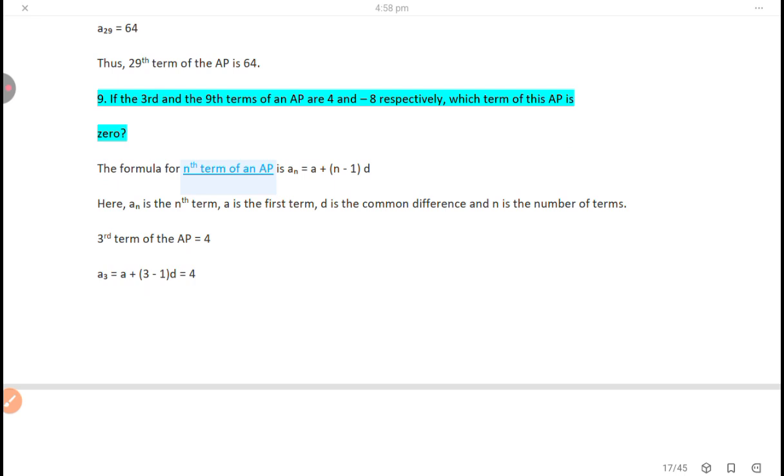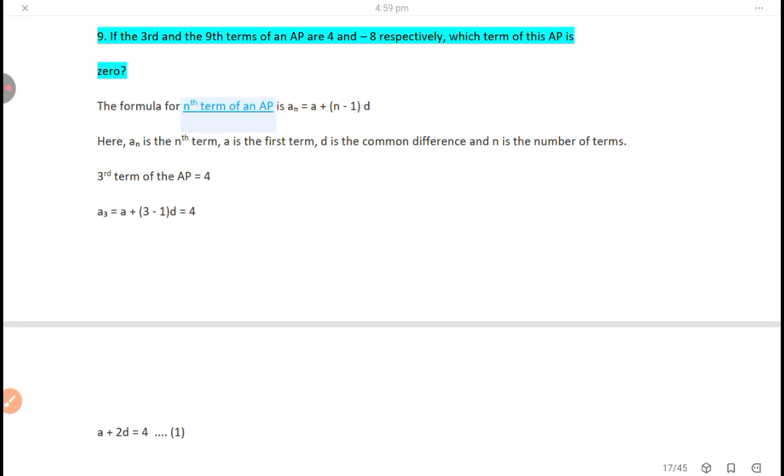If the third and ninth terms of an AP are 4 and minus 8, here what is given? Third term and ninth term. Which term of the AP is 0?